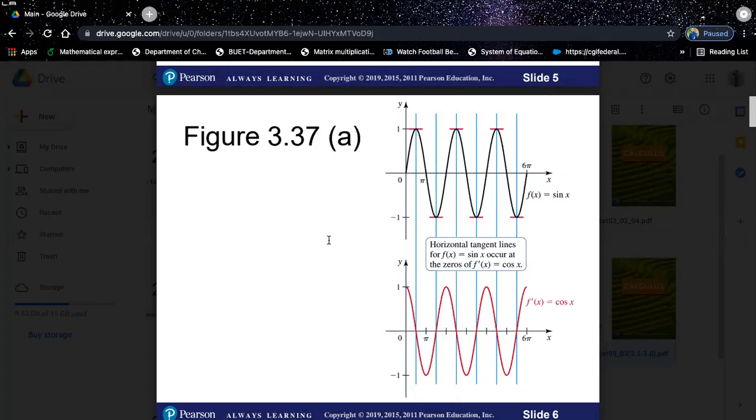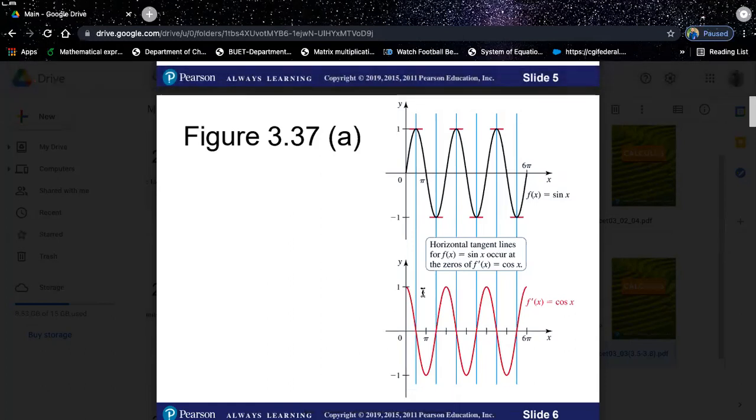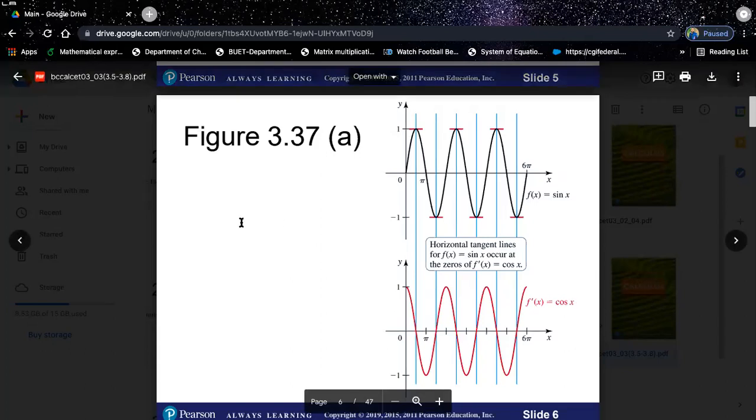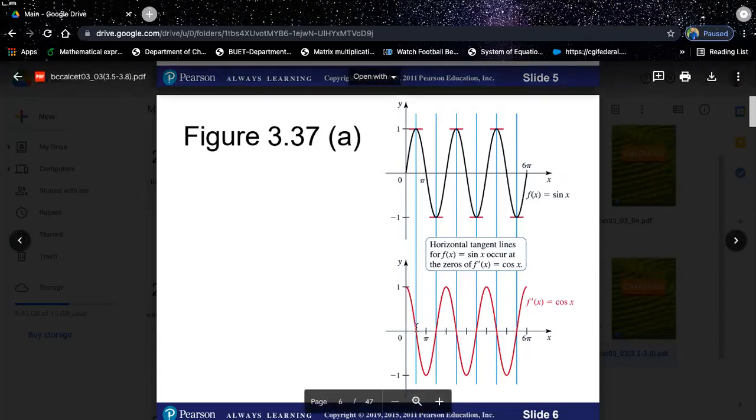So if you draw a graph of cosine x, obviously you'll get a graph like this. This is the graph of cosine x, and you will see even if you don't find the zeros of cosine x, you can still eyeball that cosine x crosses the x-axis at these points.